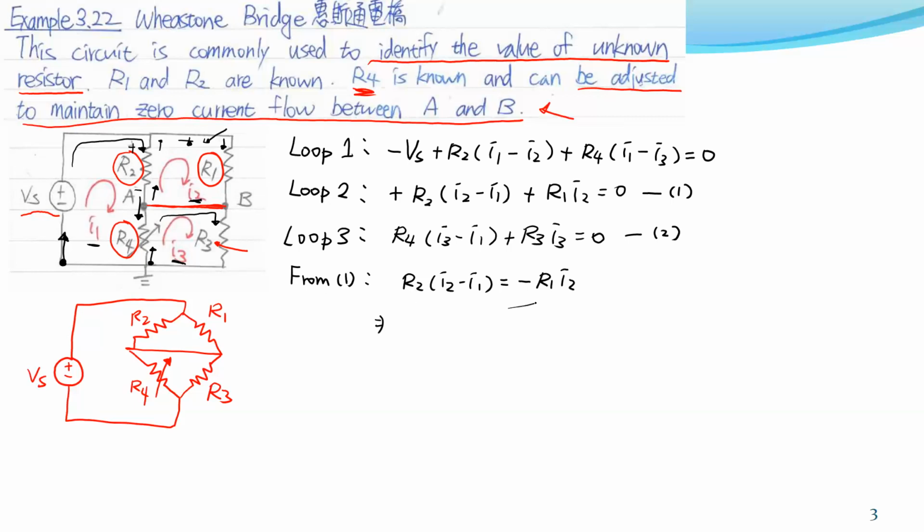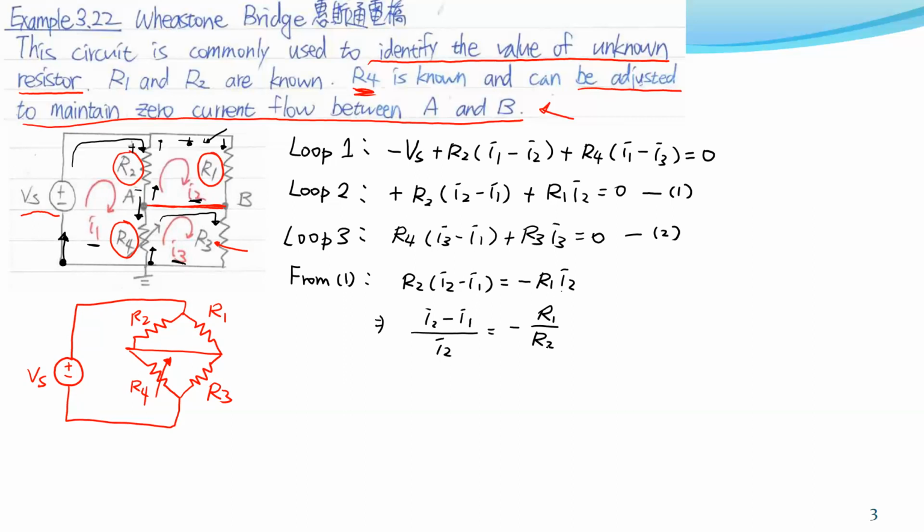If we divide both sides by R2, this is I2 minus I1, and we put I2 on the left, so this is I2 equals minus R1 divided by R2. So they are the same, right?